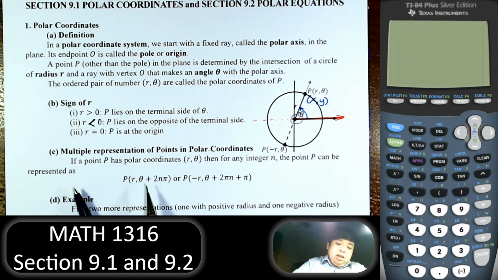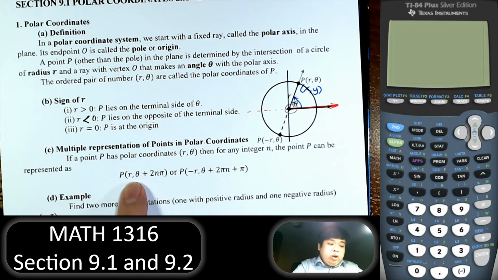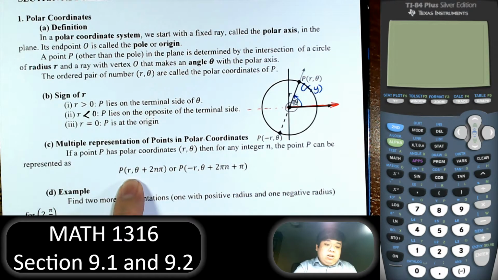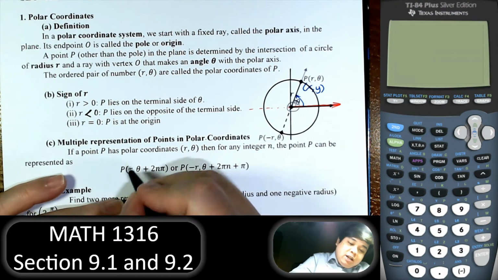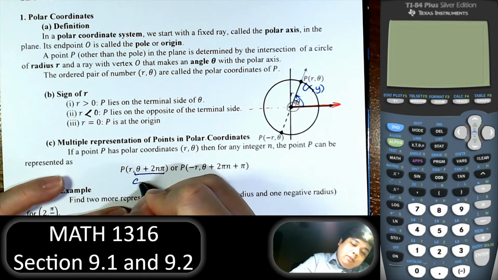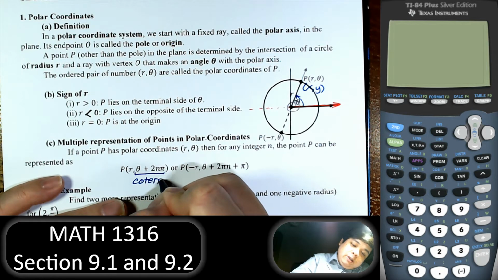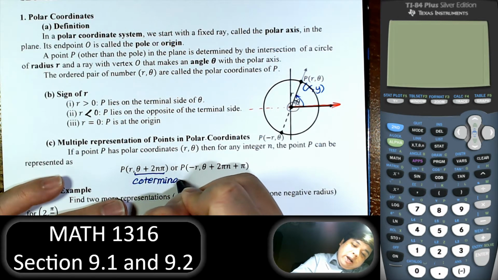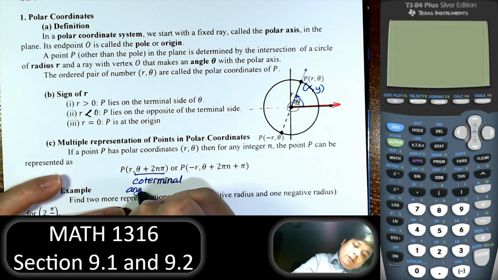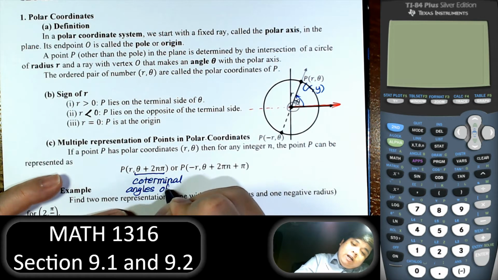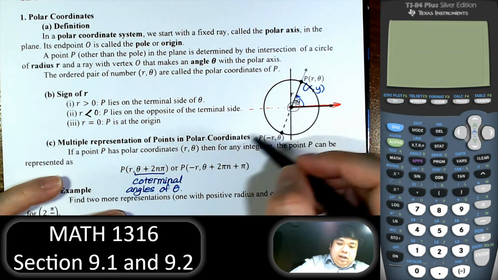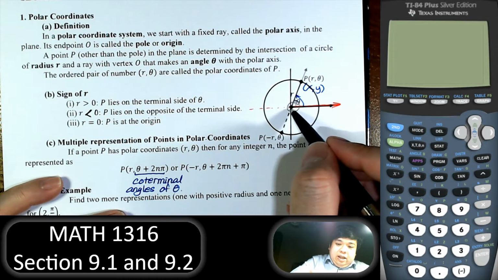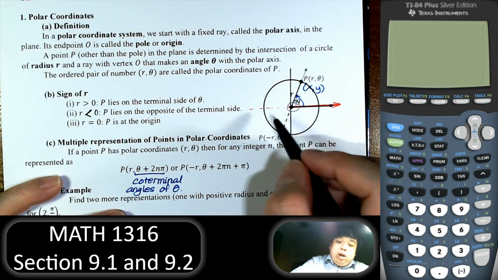So in that case, we can write with the radius r, the distance to the origin, the coterminal angle of theta. And then negative r, if we go in the opposite direction, and then we go an extra half revolution, we still get back to it.